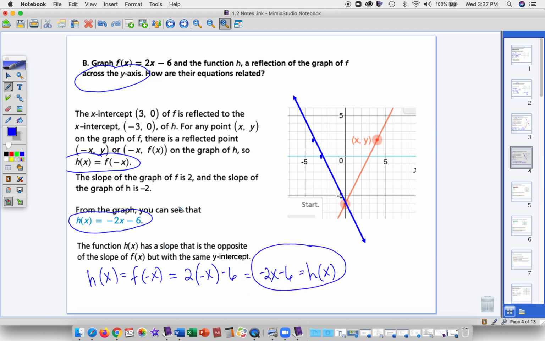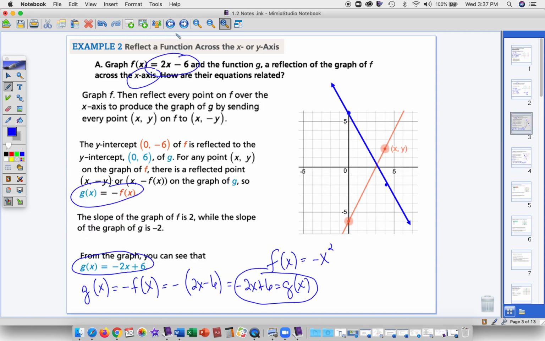So when you have a reflection over the y-axis, you put the negative inside the function. You replace every x in the function with a negative x. When you're reflecting over the x-axis, that's when we put the negative in front of the entire function, surround it with parentheses and distribute that negative over every term.